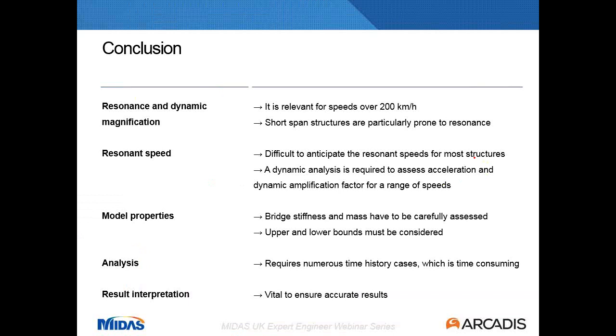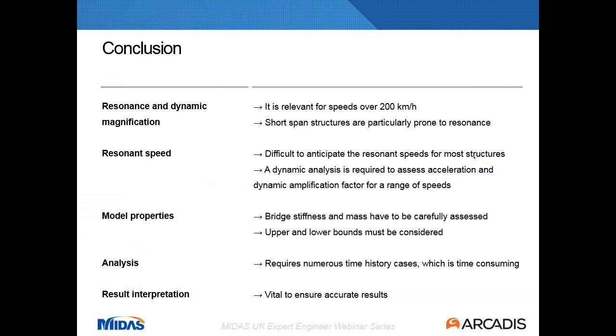And to really capture the resonance speed, you need to run a series of analyses at different speeds, like 140, 150, 160, and then identify which are the areas with more resonant results, with greater amplitude, and then refine the speed step over this area to get the resonance speed.